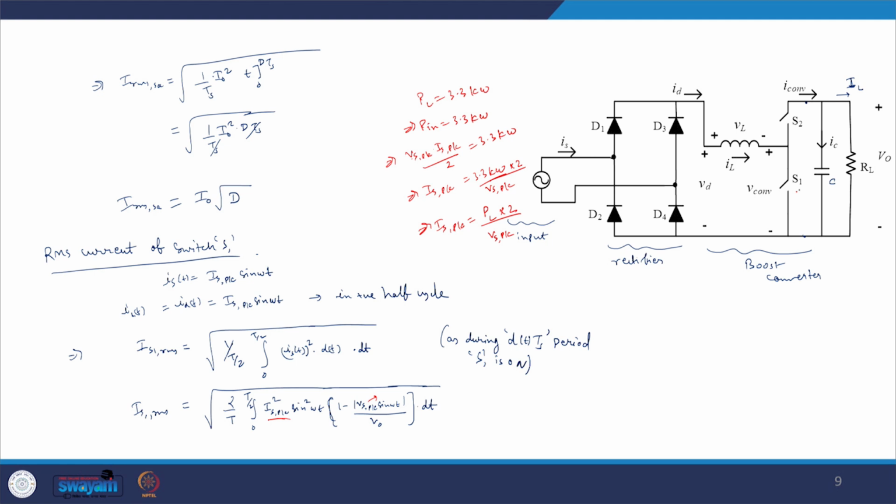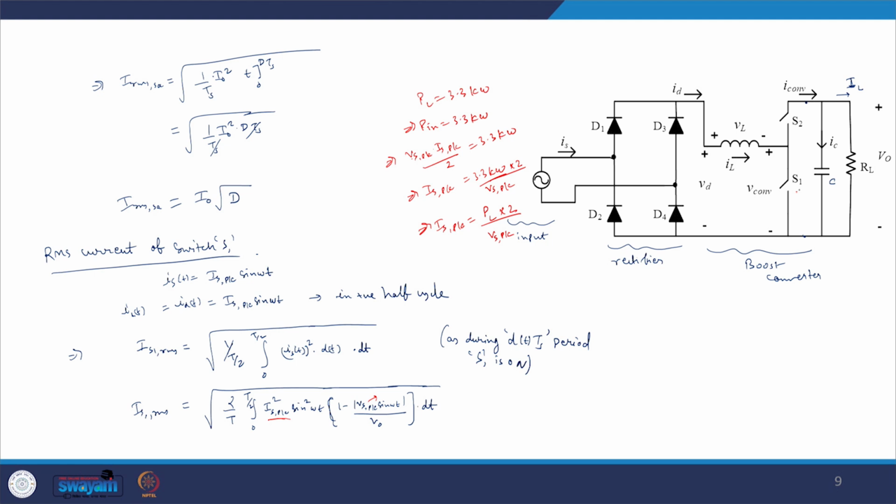Using this expression one can evaluate the RMS current ratings of the devices and select the appropriate device. If one has to select a MOSFET, they can use the RMS ratings. If one has to select an IGBT, then one also has to evaluate the average current flowing through the switch S1.